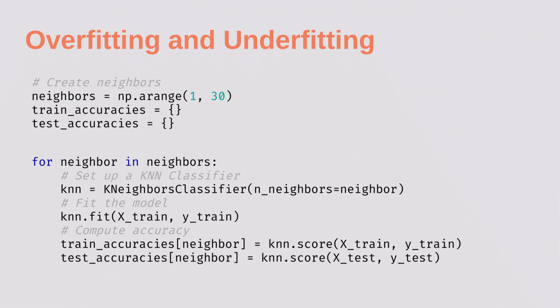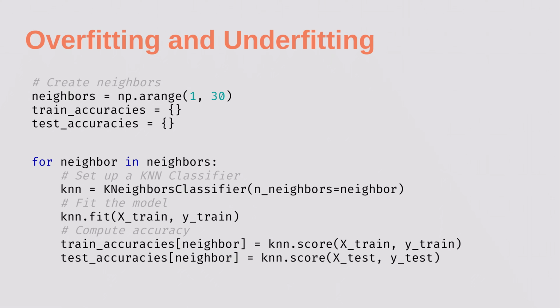Then create an array with a range of K values to test. For each value of K in the array, instantiate a KNN model with n_neighbors equal to K. Fit the model to the training data, and then calculate accuracy on both the training and the test set. Store these accuracy values in the appropriate dictionary.